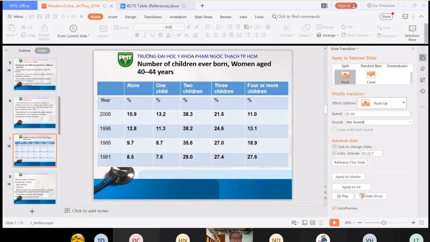You can find many outstanding features from the table. What I want you to do is find the feature which is different from the other features. Don't just list the information, like it's down, it's up, down. What the examiner expects from you is your ability to figure out the main feature, the outstanding feature, which is different from the rest.